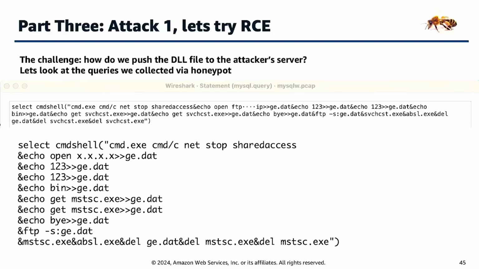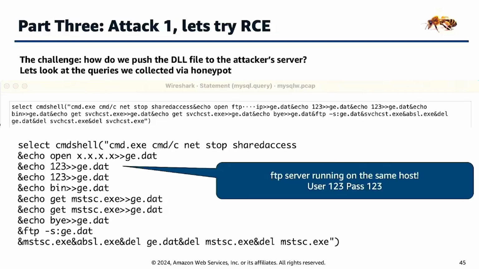They have an FTP server somewhere on their infrastructure. So we were thinking maybe we can just push it. We have the FTP server running on the same host. We know the username and password, and maybe we can upload it to the public directory.